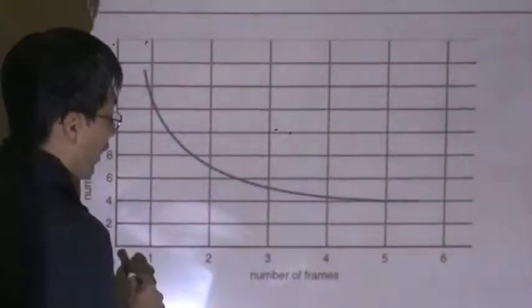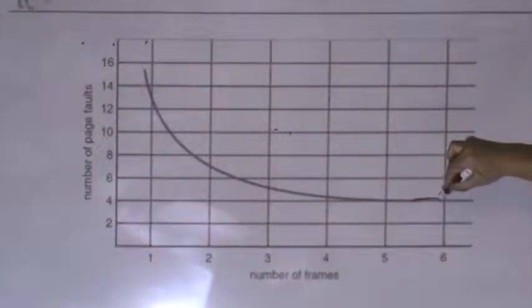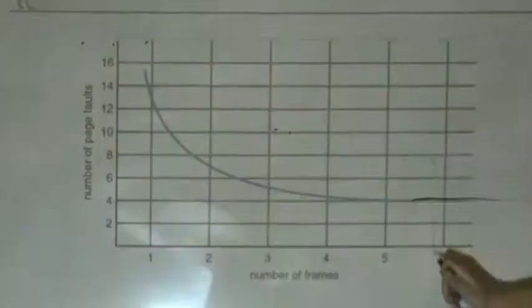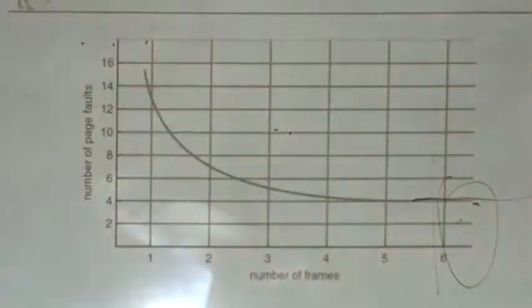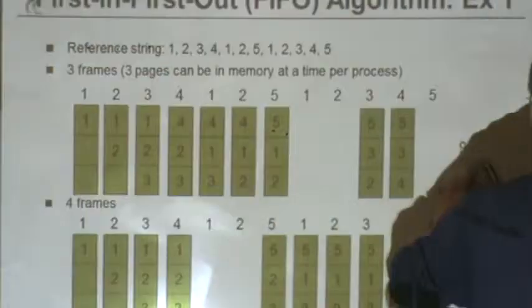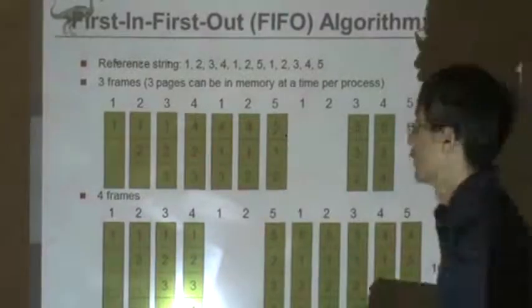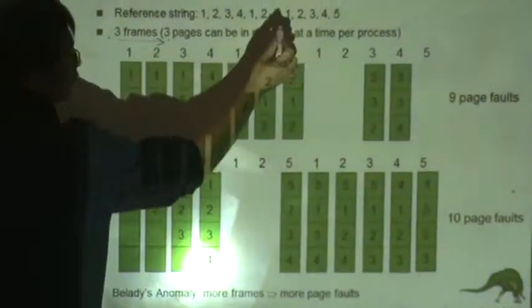However, even if we have a huge number of page frames, in other words big memory, we cannot get a linear increase in performance or a linear decrease in page faults. It will be like this. That means we cannot get the full benefit. So the first algorithm is first in, first out. This is time, from current time to the future.